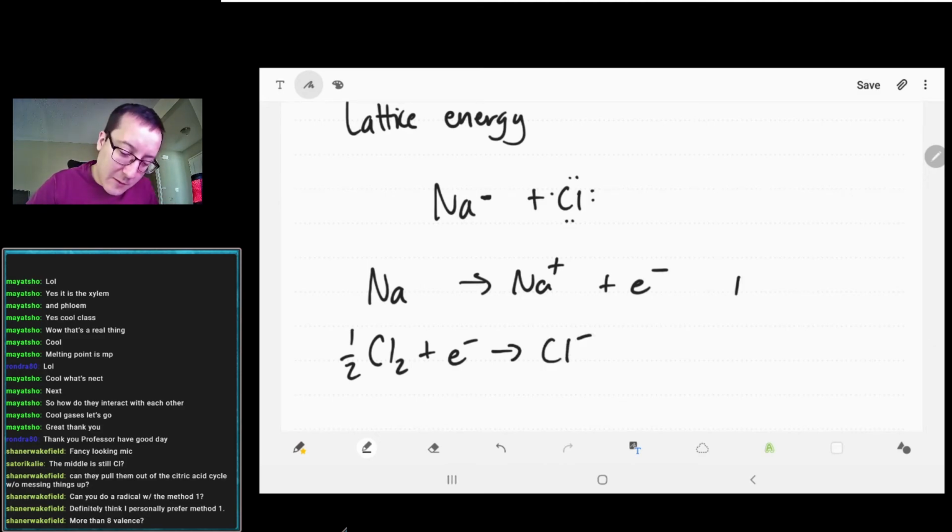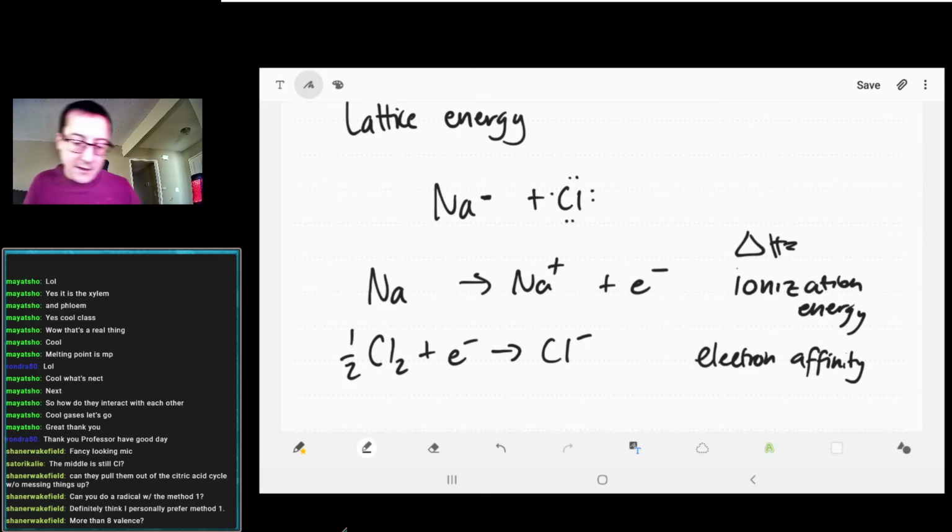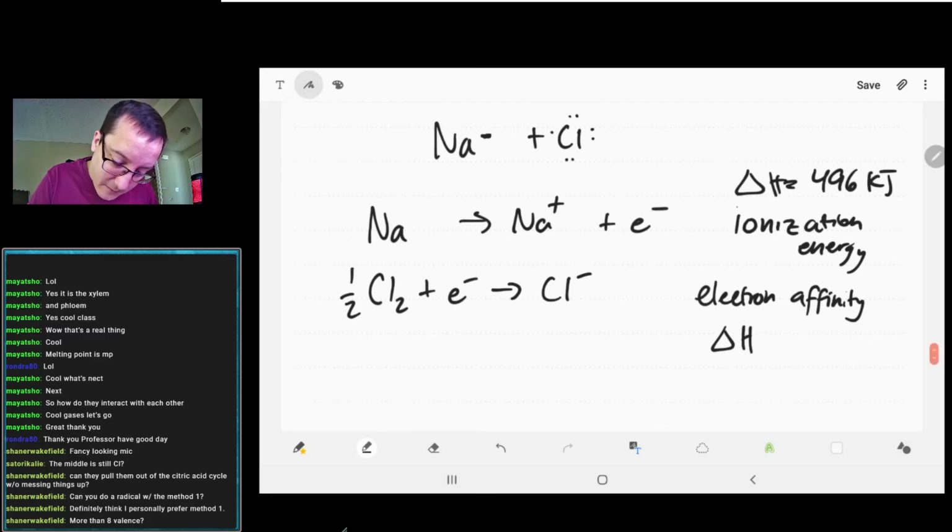And so we saw that this was ionization energy. And this was electron affinity. We saw that the ionization energy was 496. And the electron affinity for chlorine was negative 349.